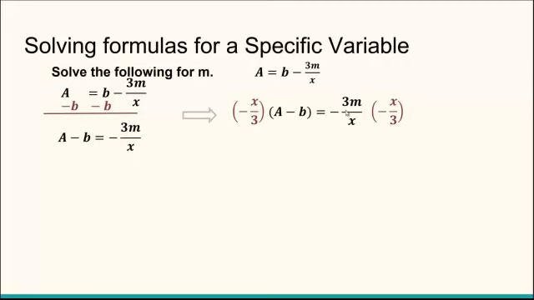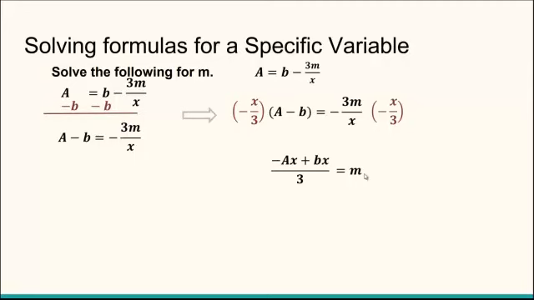So I'm just multiplying by that reciprocal, really. And whatever I do to the left, I have to do to the right. So I'm going to multiply that through times the a minus b. When I do that, negative x times a is negative ax. Negative x times negative b is plus bx. Watch that sign change there, all over 3. Of course, the m is by himself.